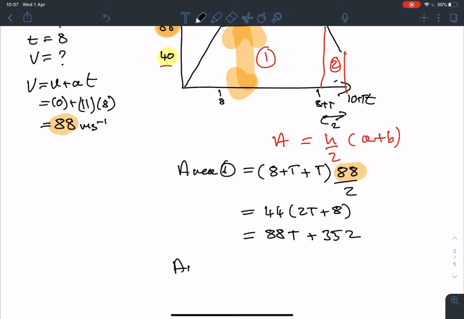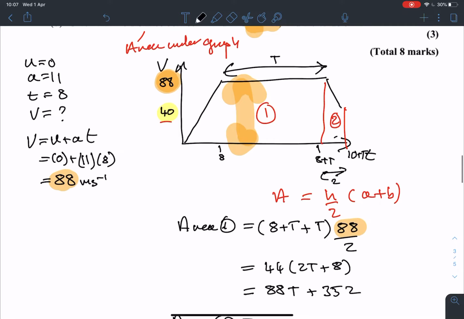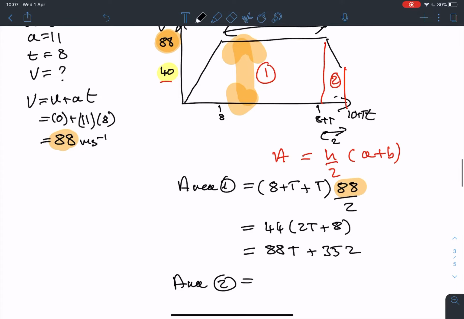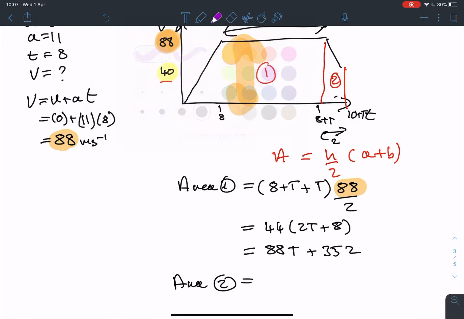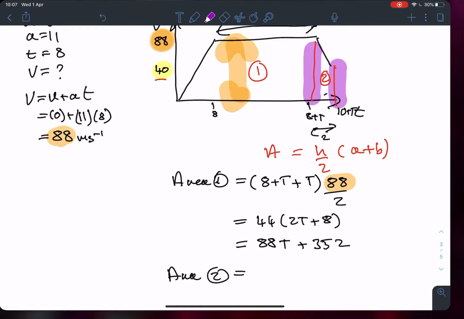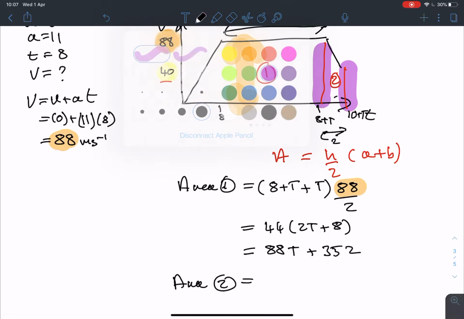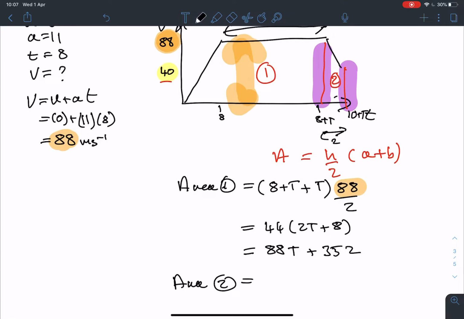Okay, area 2 is equal to, now this time the parallel sides are 88 and 40.